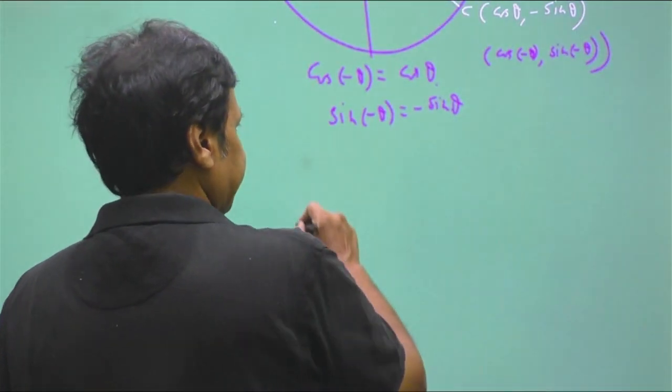Just complete your table. Try to find the value of cos 90 minus theta, sin 90 minus theta, sin 90 plus theta, cos 90 plus theta, cos 180 minus theta, cos 180 plus theta, sin 180 minus theta, sin 180 plus theta, and like this. Just try to find it.